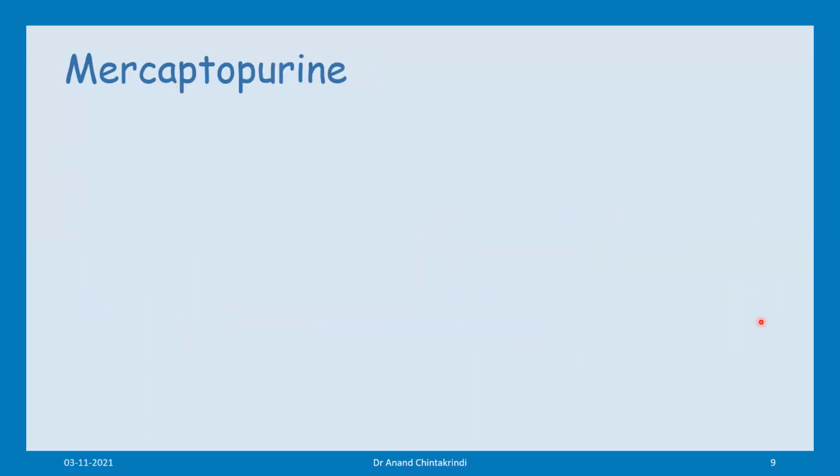Mercaptopurine. Now there are several methods to synthesize mercaptopurine. This is the simplest one which I have taken, wherein formation of the xanthine ring can take place either first via taking the imidazole derivative and then forming the pyrimidine ring to form the xanthine nucleus, or you can start with the pyrimidine and then form this imidazole part to form the xanthine derivative.